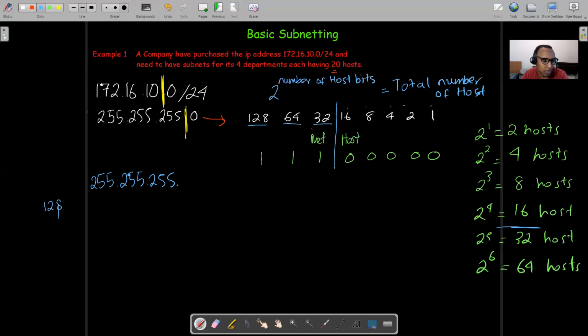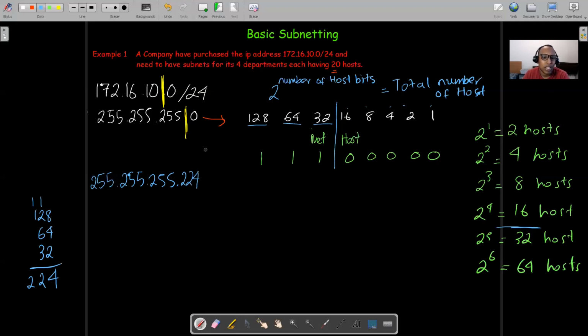Let me add them up. 128, 64, 32. 8 plus 4, that's 12. 12 plus 2, 14. Carry the 1, so that's 3, 9. 9 plus 3, that's 12. So that's 2. Carry the 1, so that's 224. So the last octet will have the value of 224 as its subnet mask.